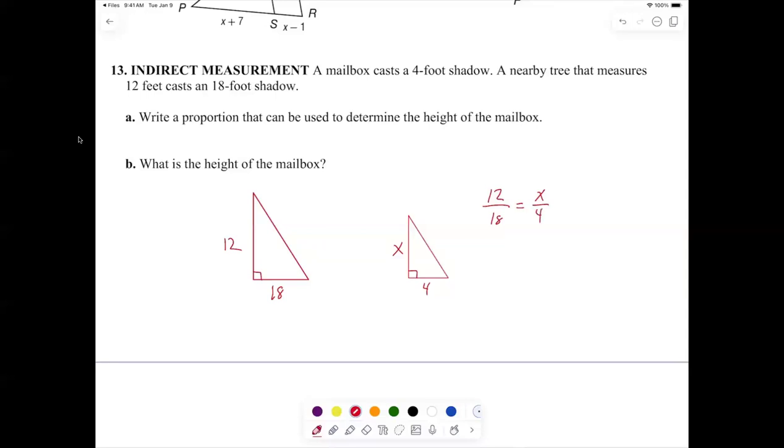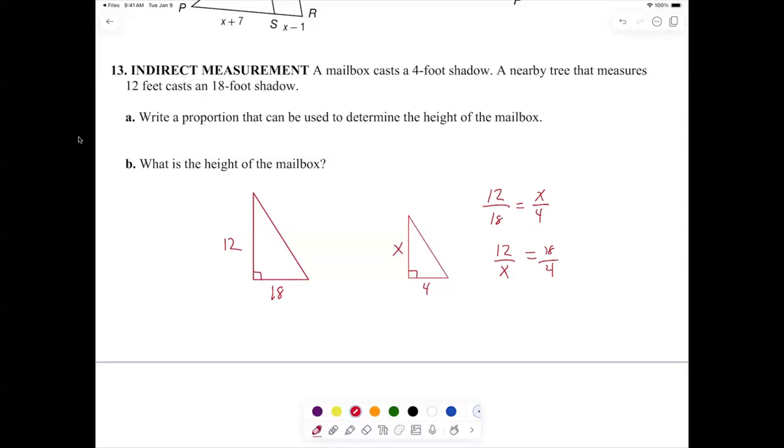Or there's another way you could write it: 12 over x equals 18 over 4. We agreeing with that? There are so many different ways of writing the proportion. I don't really care, I just care what the answer is. You can have several possible answers for the proportion, but if we solve this out, then the height of the mailbox would be what?